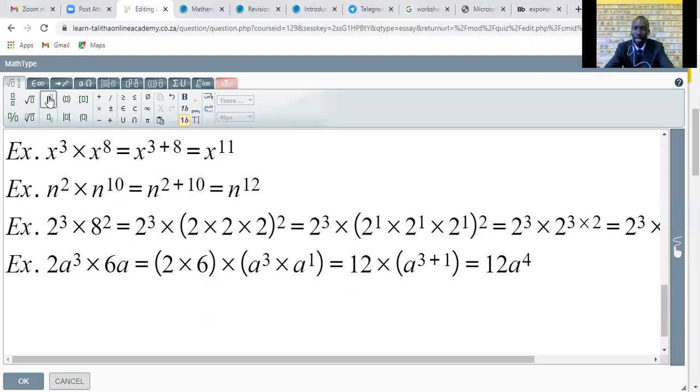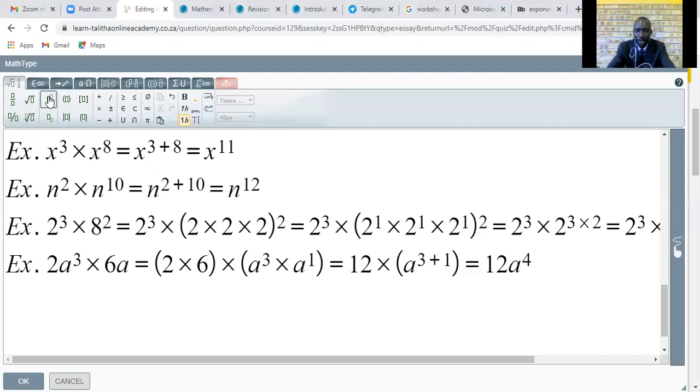That is after adding a 3 and a 1 to get a 4. So there are so many ways in which we may be tempted to deal with this type of crisis.